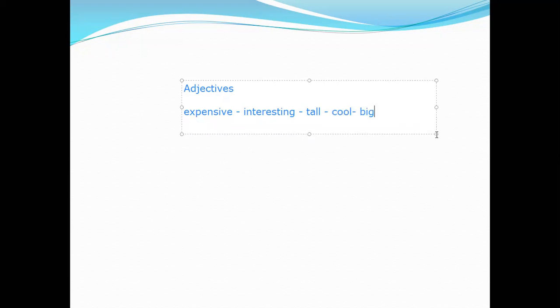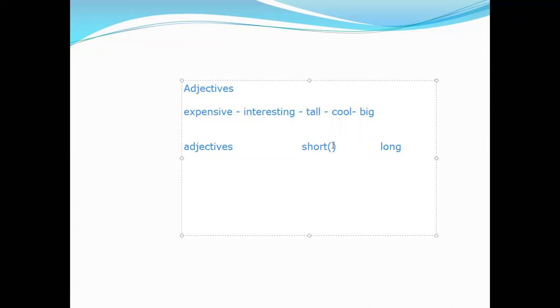Okay, the adjectives in English are classified in two ways. When we refer to adjectives, we may classify them as short adjectives or as long adjectives. So for instance, a short adjective is an adjective that only has one syllable.